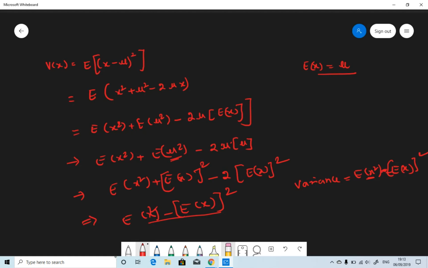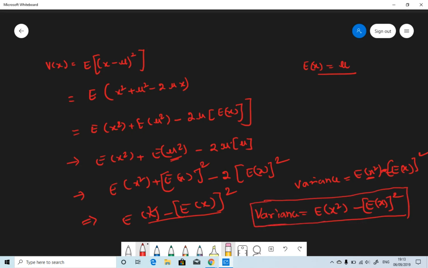So variance equals e of x square minus e of x whole square. Right? This is the variance formula. Clear? Clear or not understood?